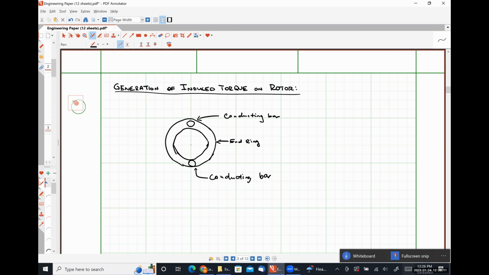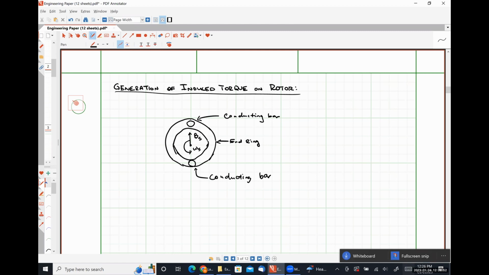Well, we know that our stator is generating some B field, so I'm going to call this B sub S for the stator, and that B field is rotating with an angular velocity omega sub S. Okay. So let's assume that to begin, our rotor, or the conductors in our rotor, are stationary. They are not moving at all.